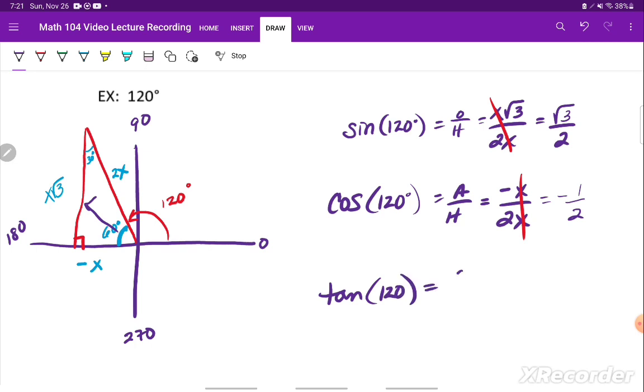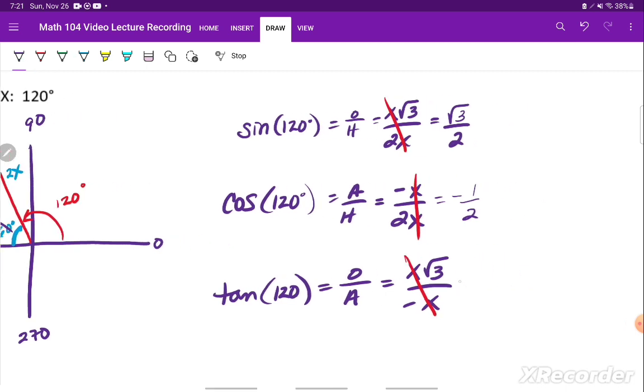Tangent of 120, opposite side over adjacent side. It's x square root of 3 over negative x. Simplifies down to negative square root of 3.